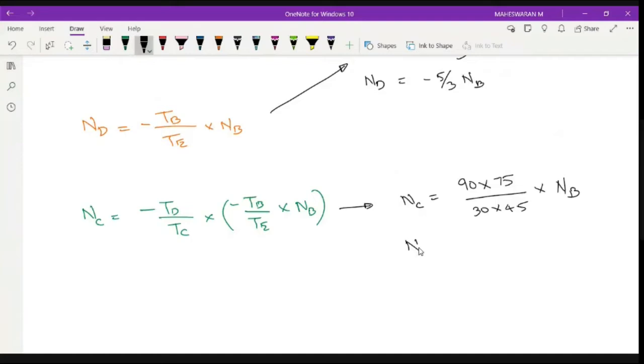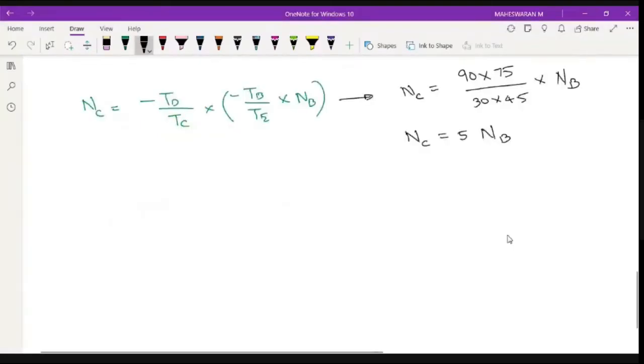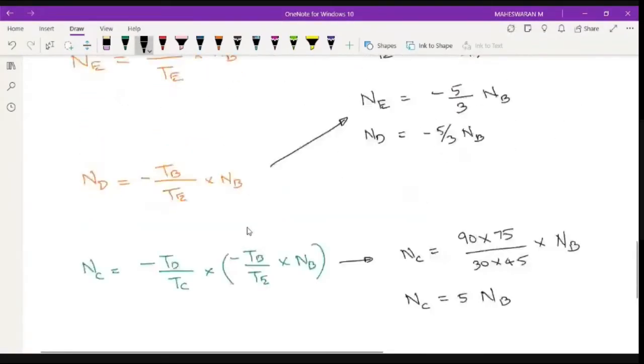So what is your NC now? 90 into 75 divided by 30 into 45. So we are getting 5, so 5 NB. So we have identified all these things.